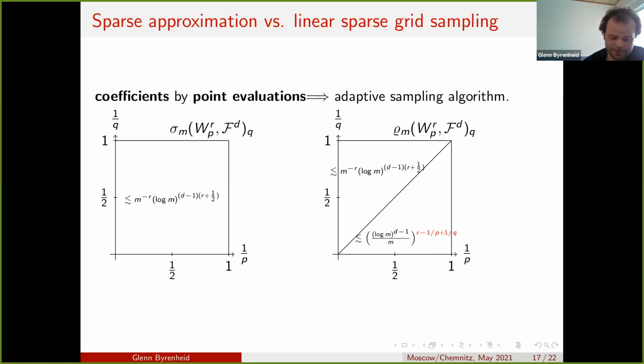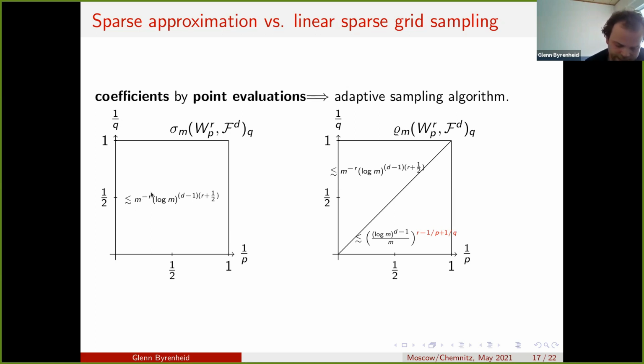So now let us compare these sparse approximation results to results obtained for linear sampling recovery before. Here we see again the integrability of the target space and of the source space in both pictures. Then we see that the best m-term approximation does not care about the difference in integrability.